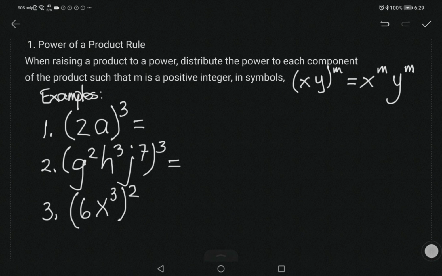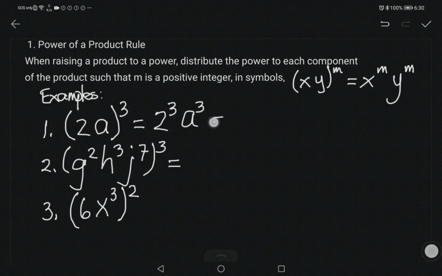So we have example number 1, (2a) raised to the power of 3. We will distribute the power, so 2 cubed, then a raised to the power of 3.